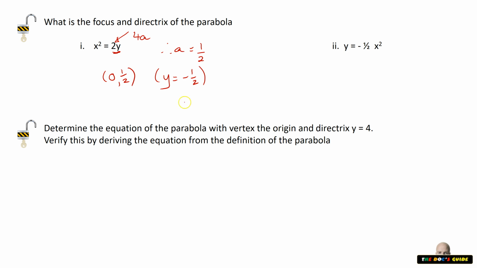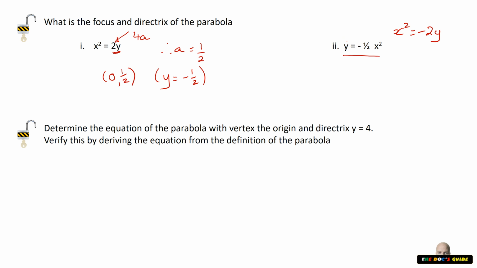Now, words around this would be very good if this was an exam, but I'm trying to speed things up for the video. This parabola, hopefully again we recognise that the negative means that it's concave down, but because it's in the format, well, it can be put into the format x squared equals negative 2y.